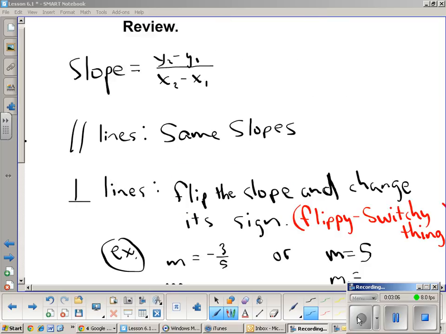Okay, now, remember, we're going to be classifying different quadrilaterals today. And one of the exercises we're going to be working on is you're going to have to graph points and draw the quadrilateral on a coordinate plane. Then using the notes we just took, you're going to have to classify some of those quadrilaterals.